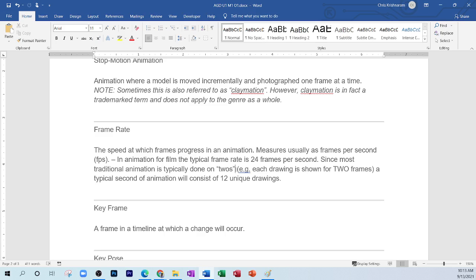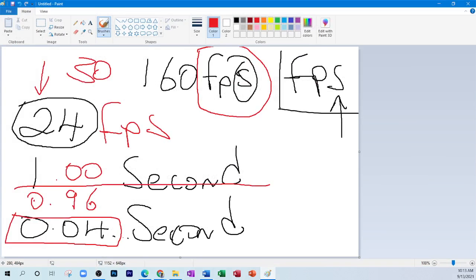So it's still 24 frames per second, because remember, we still need to complete that 24 images, and we need it to last for a second. Even if we use 12 images, remember, if we go back to our calculation, we're going to end up with half of this second. We're going to end up with 0.50.